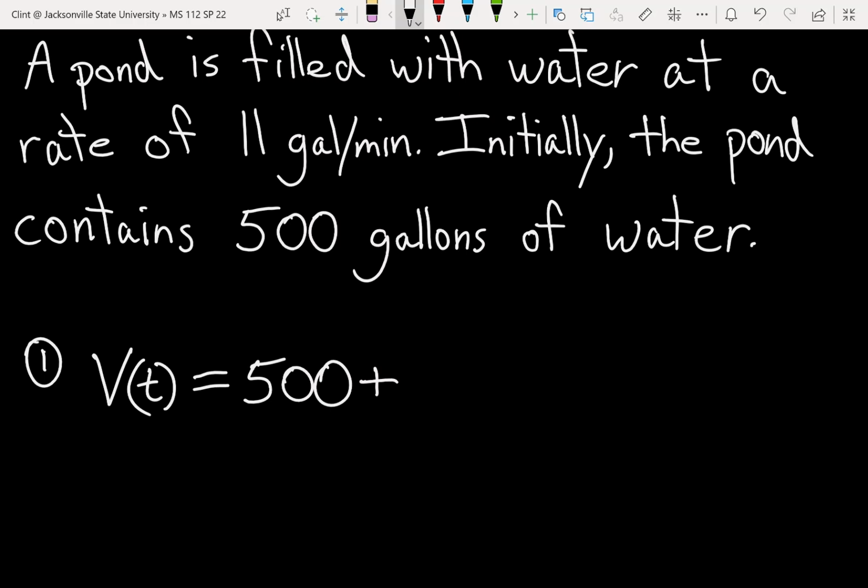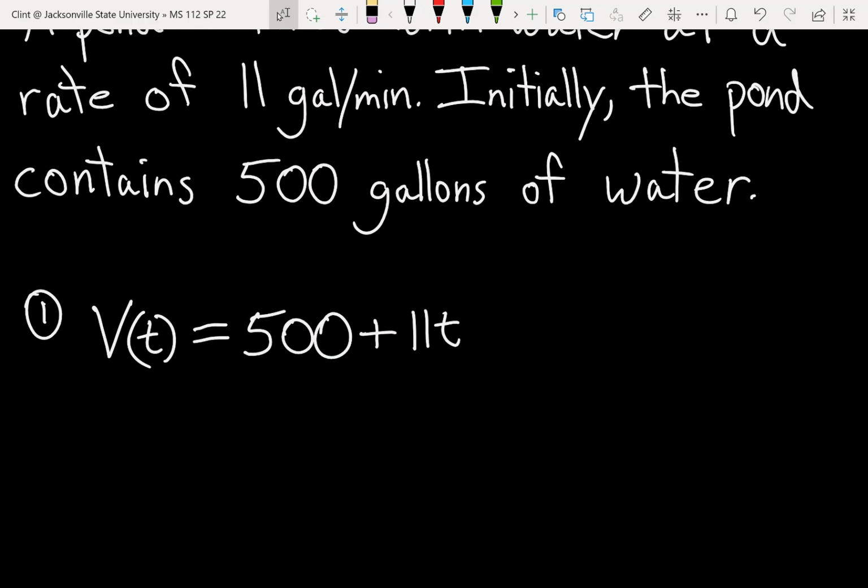And we're adding that to that. So we're going to add 11 gallons times every minute t. So there's our function. And if we want to write it in AX plus B form, we could say 11t plus 500. Just switch the order.